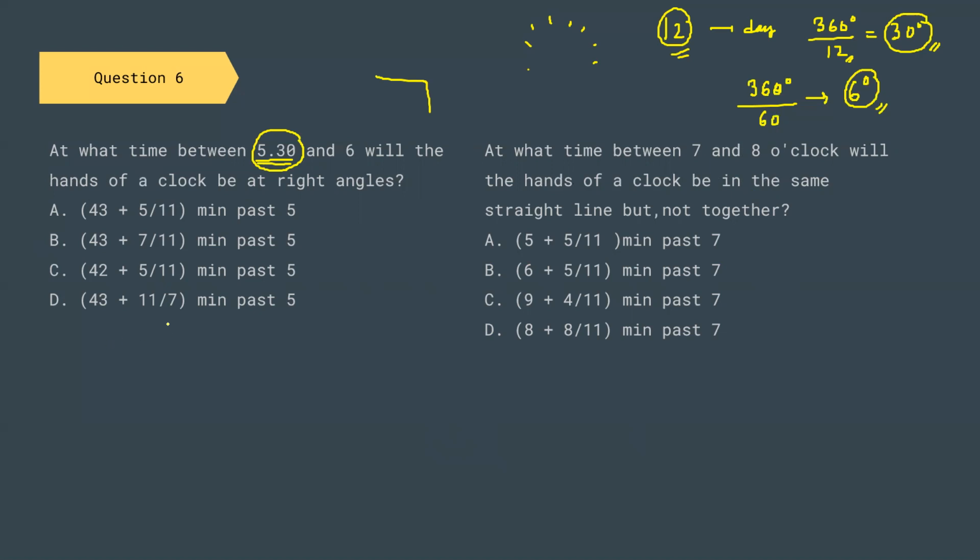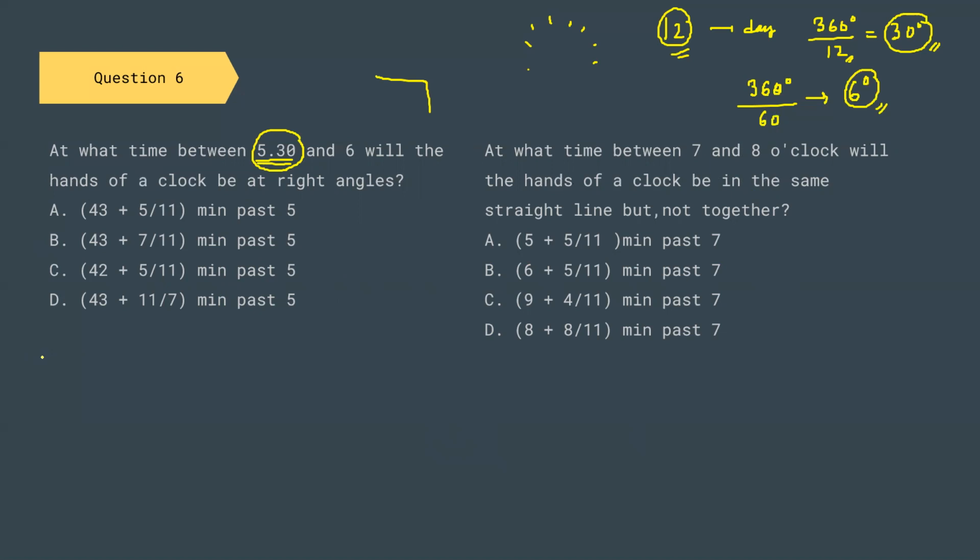What will be the initial angle between the hour hand and the minute hand? In some TCS questions, they have also asked what the angle between the hour hand and minute hand is. So we can use this particular method to find out the initial angle.